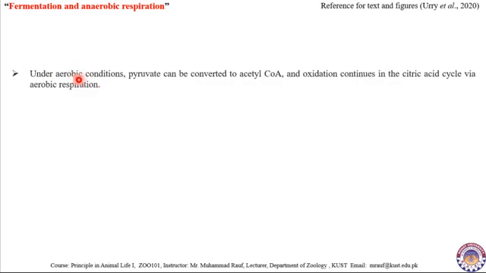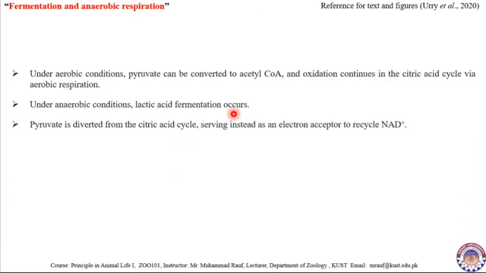Under aerobic conditions, pyruvate can be converted to acetyl coenzyme A. Then oxidation continues in the citric acid cycle via aerobic respiration. So this is one branch of the fork, depending upon the presence of oxygen. The other branch of the fork is when oxygen is not available, then lactic acid fermentation occurs.